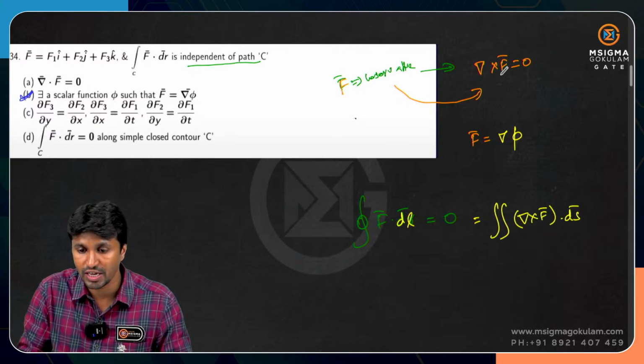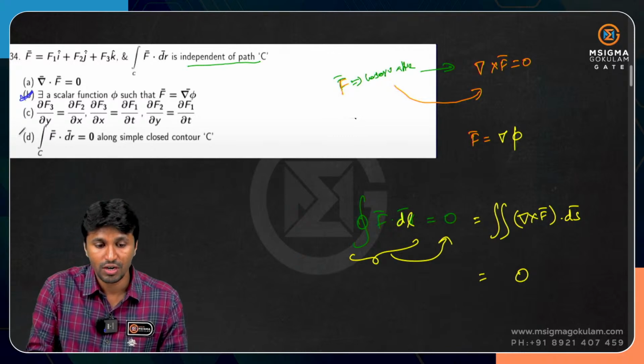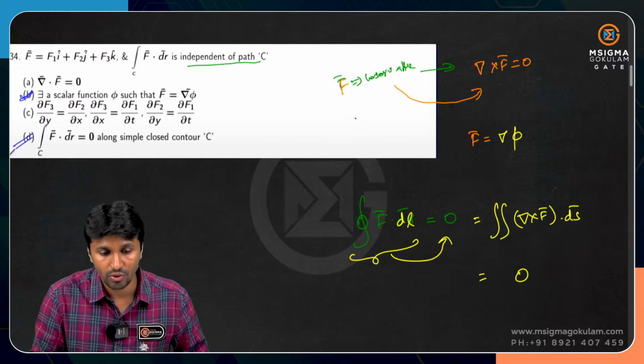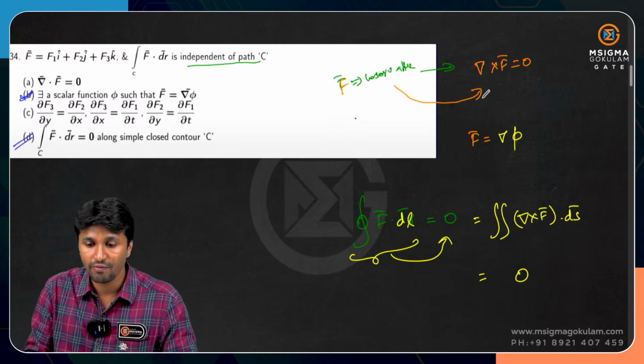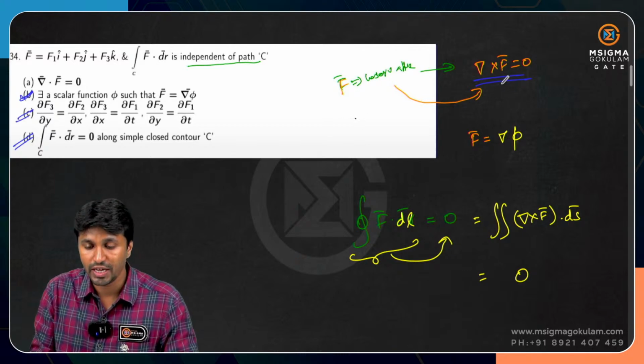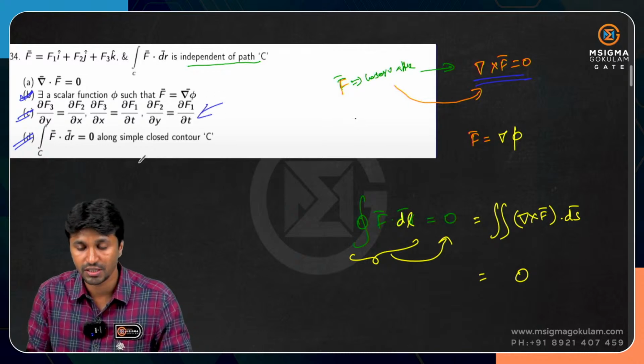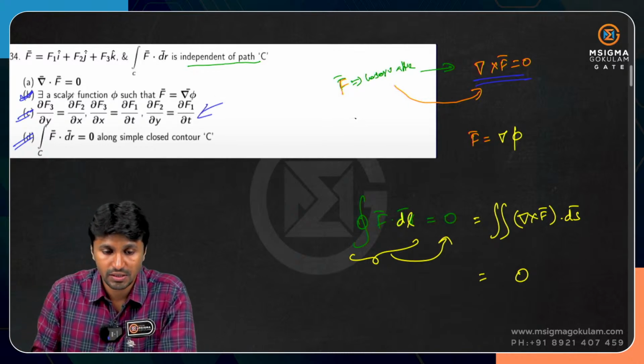Since del cross F bar is equal to 0, this will also be equal to 0. Therefore option D is also correct, and from this you can directly get this option, because when you find the curl you will get this condition. So this is the correct answer.